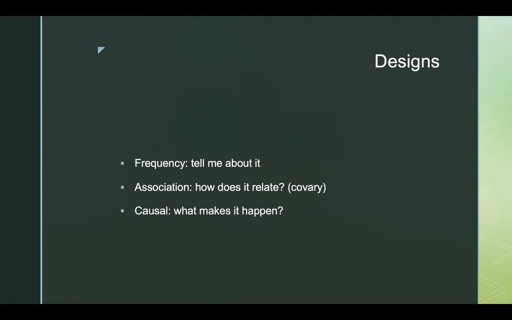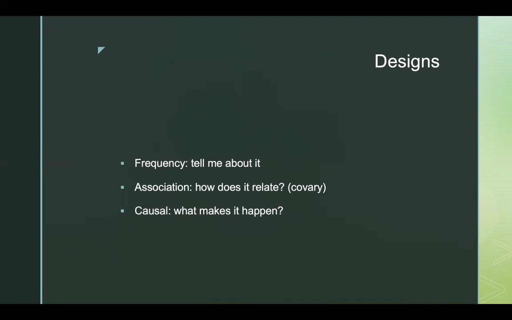You've all heard over and over at this point probably, correlation is not causation. So you can't say something is causal if the only data you have is correlational. So there are special requirements for a causal experiment or a causal design. So we've got those three types.